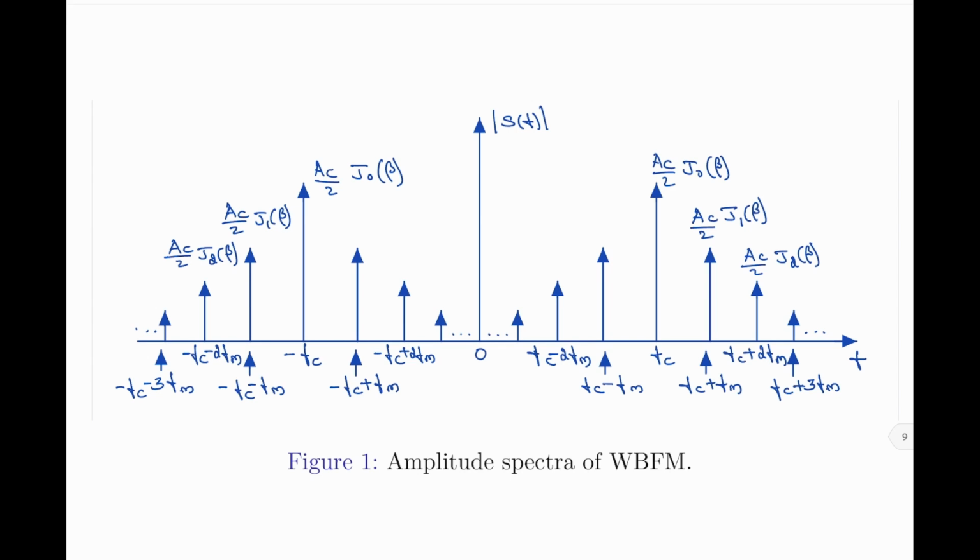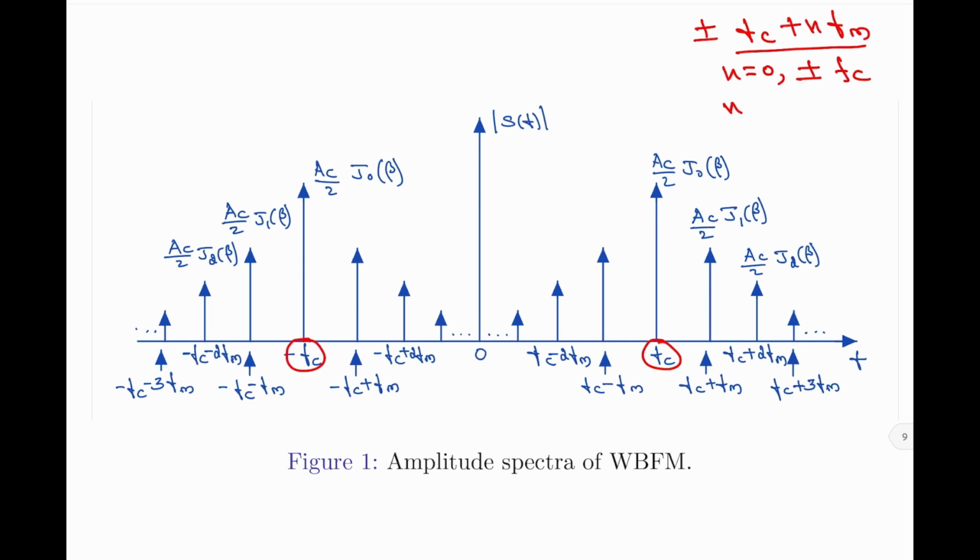Moving on, the amplitude spectra for the frequency modulated signal is shown in figure 1 here. Please note we have identified the frequency components as f_c plus n f_m. For n equal to 0, this frequency component results in plus or minus f_c. So, I will obtain an impulse at plus f_c as well as minus f_c.